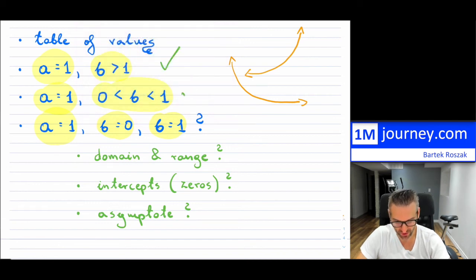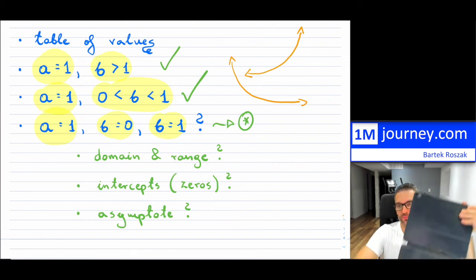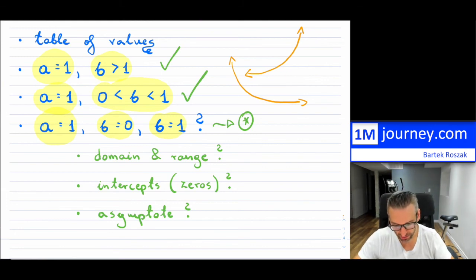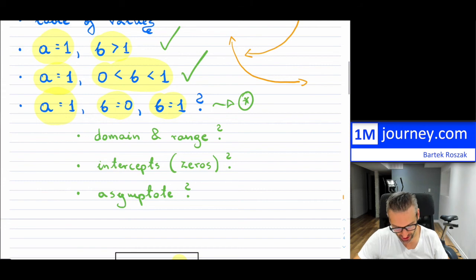For this one and for this one we just talked about, the domain for those two cases turns out that our input can really be anything. So our input for when b is greater than 1 or when b is between 0 and 1, our domain is any input will work.